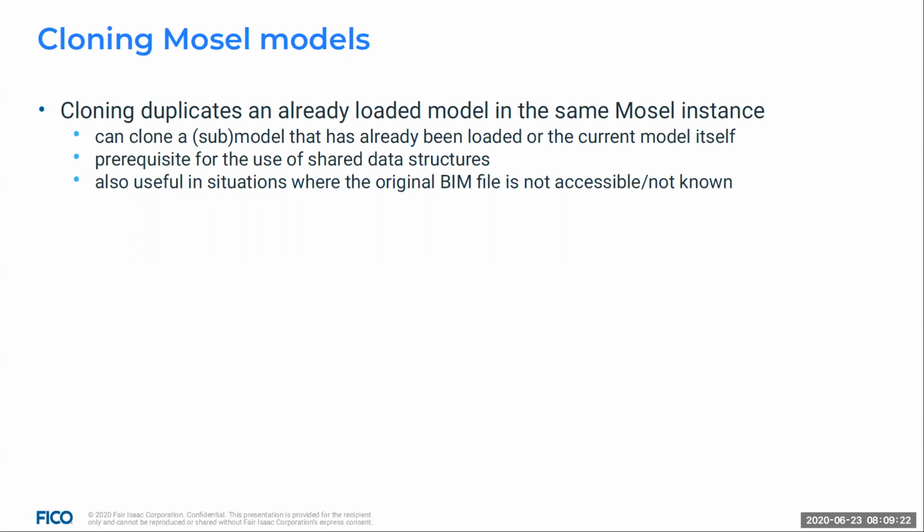We do not go back to the source again, we just duplicate the information that is already held in Mosel memory. And this is a prerequisite for using shared data structures. It can also be useful in situations where you actually don't have access to the original BIM file. You don't know its name, you don't know its location on a file system, so a model can just duplicate itself.